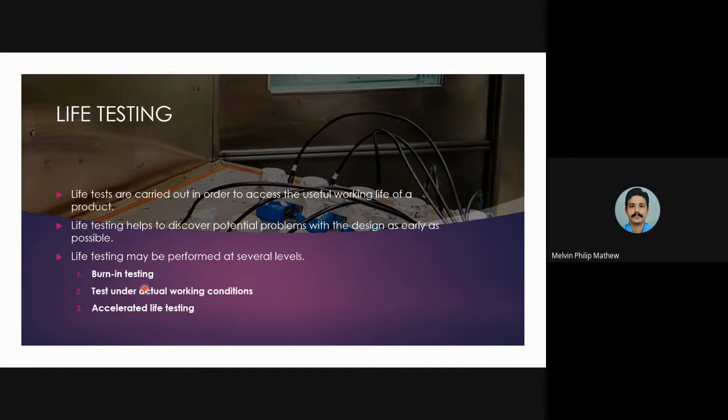So under life testing, what happens? In real life, what is going to happen? The test under actual working conditions. So this is a time-consuming process where the product is tested under consumer conditions. In consumer conditions, it is being used in real life, and how long the product can be used all comes under actual working conditions.